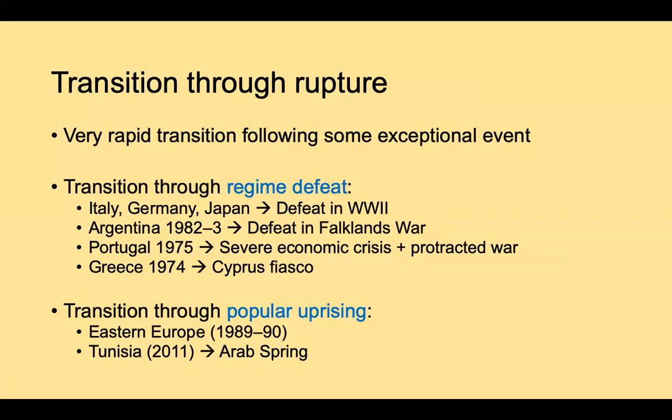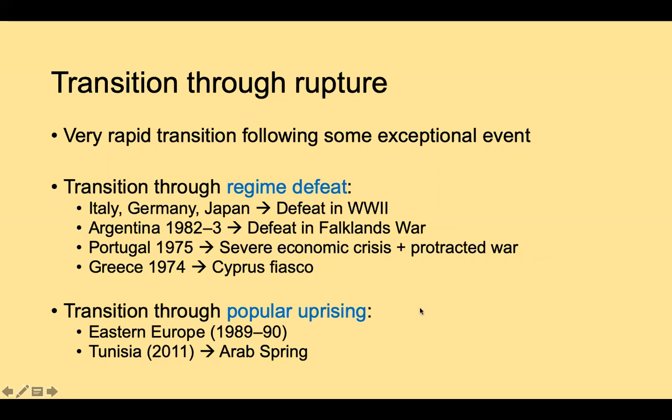In Portugal in 1975, the economic crisis and the protracted war created divisions within the regime and popular crises that helped to fell the regime and support a military overthrow and imposition of democracy. In Greece, there was the fiasco with Cyprus in 1974.